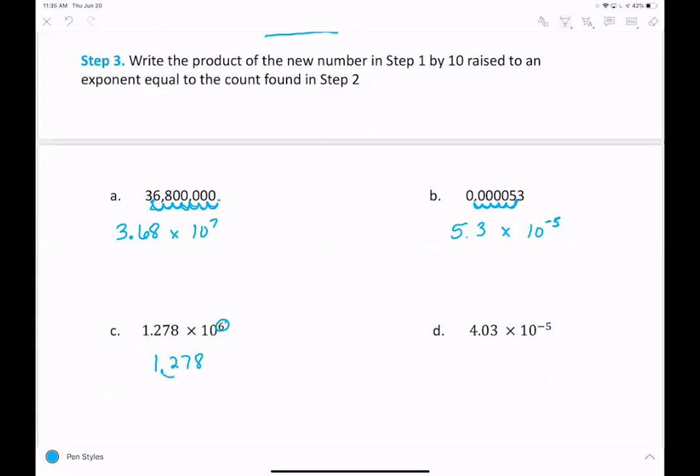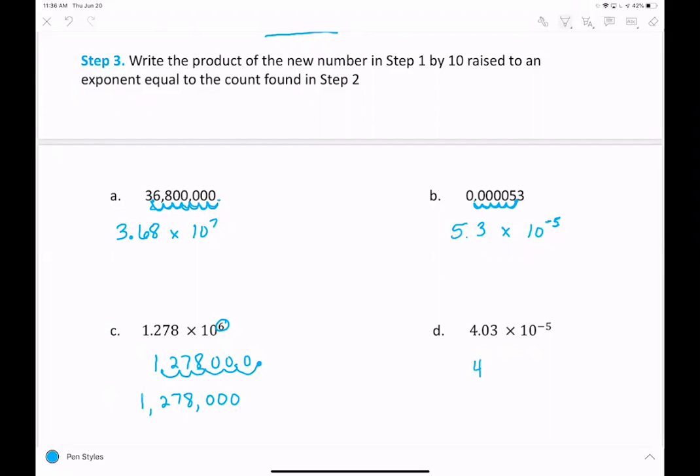I'm going to move 1, 2, 3 places, but I need to go 3 more, so I'll put the decimal and add some zeros to account for those numbers that were not there. So our number is 1,278,000. That was the original number.